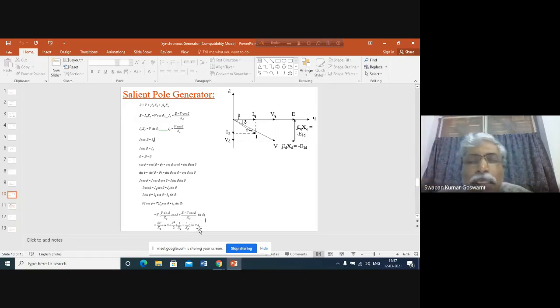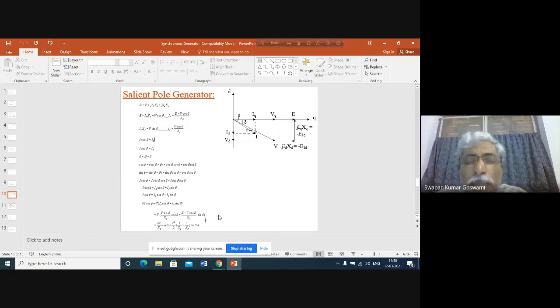If I have a cylindrical rotor machine and one salient pole type machine having the same capacity rating, then for the cylindrical rotor machine dP/dδ will be given by EB by XD cosine delta. For the salient pole type machine it will be EB by XD cosine delta plus this V square by 2 into 1 upon XQ minus 1 upon XD cosine of 2 delta.